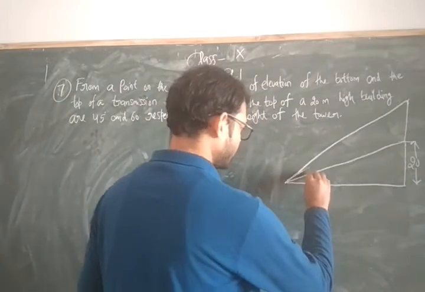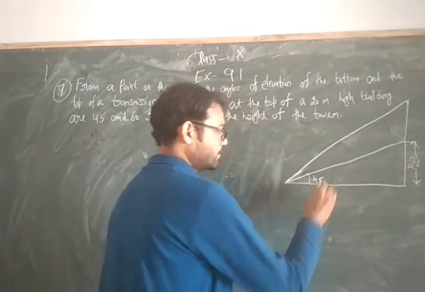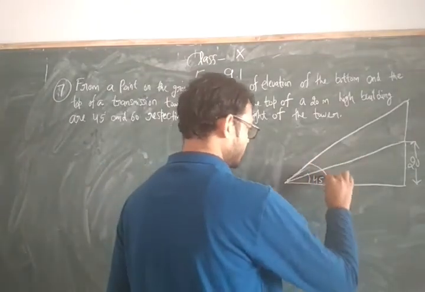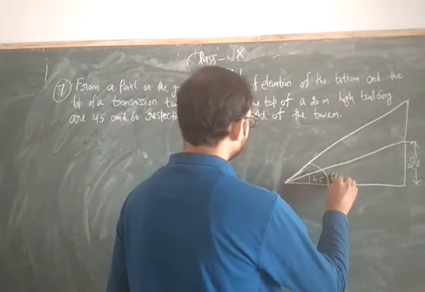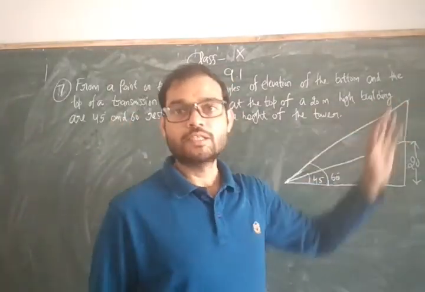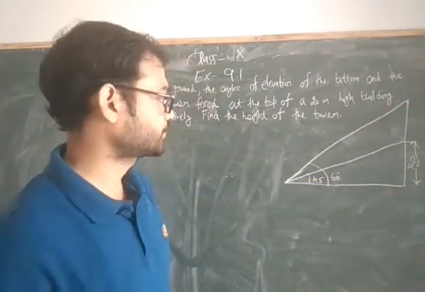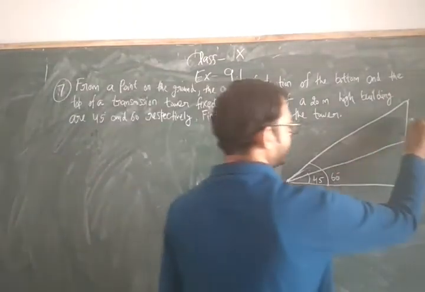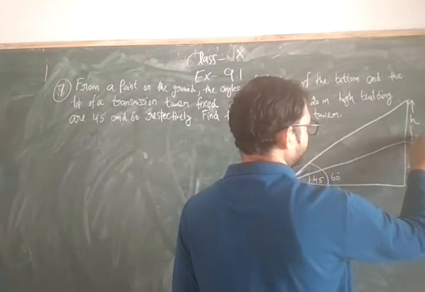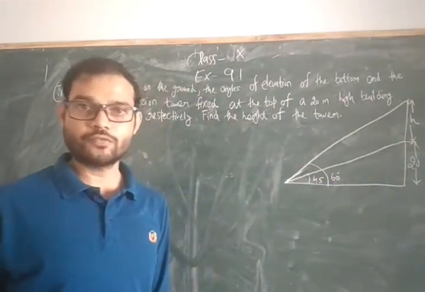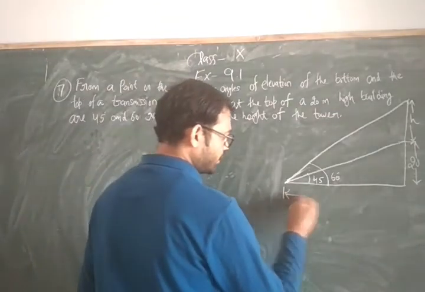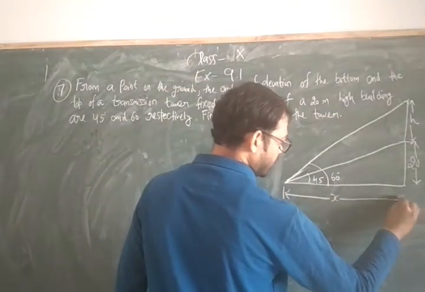One is 45, which is made with the bottom, as written in the question, and the other angle is 60 degree, that is with the top of the transmission tower. So I do not have the height of the tower because you have to find it. So I let it be h. I also don't know the base, so I let it be x.